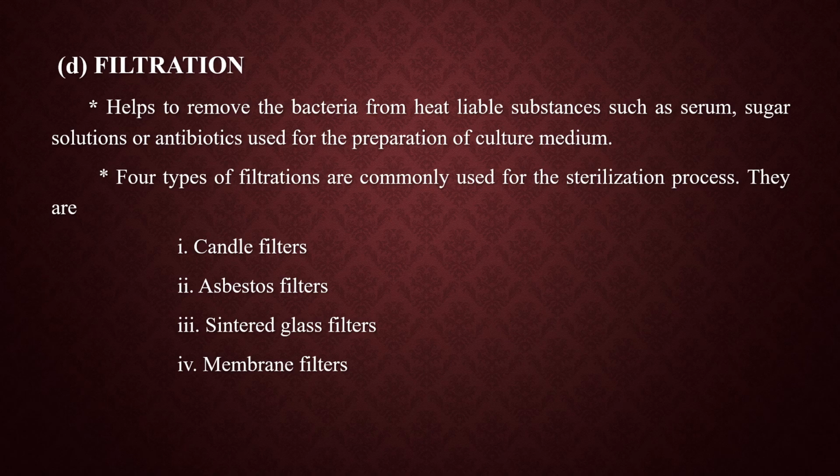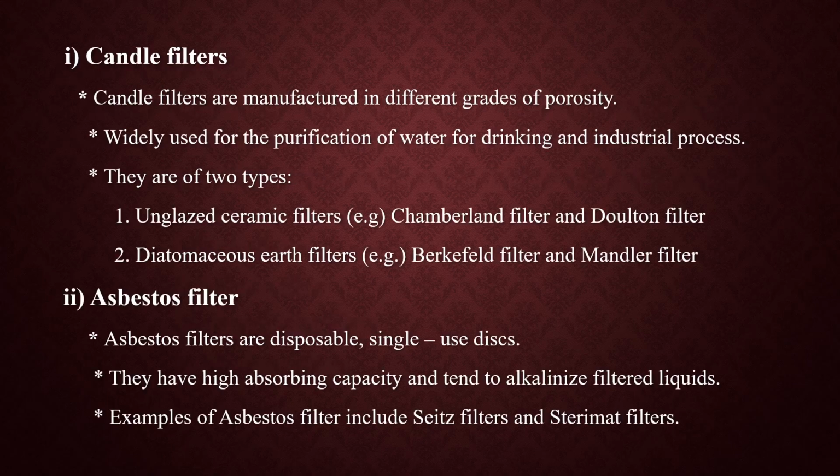The four types of filters commonly used for the sterilization process are candle filters, asbestos filters, sintered glass filters, and lastly membrane filters. The first one is candle filters. Candle filters are manufactured in different grades of porosity. They have been widely used for the purification of water for drinking and industrial processes.